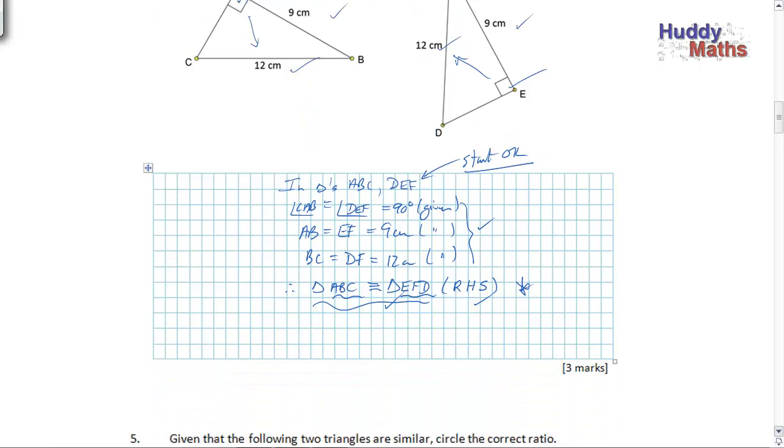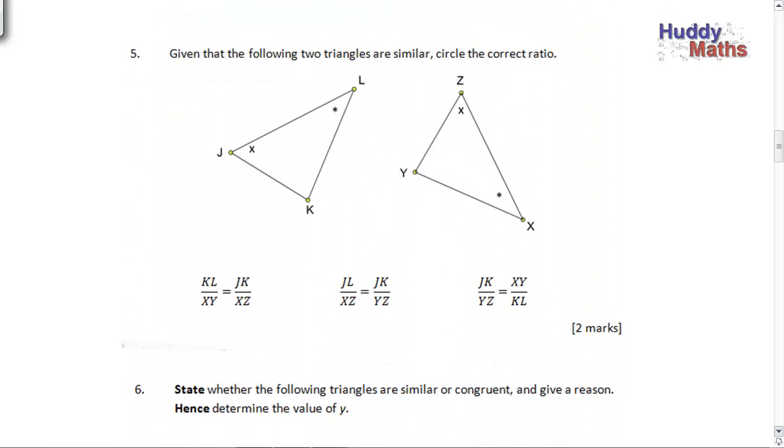Let's keep going now. Question 5. It's given that the 2 triangles are similar, circle the correct ratio. Let's have a look. Well, first of all, there's an angle that's equal, okay, and then the other 2 angles are equal. So I've got to sort of turn this around so it lays on top of JKL.